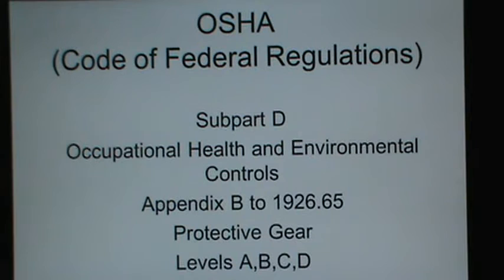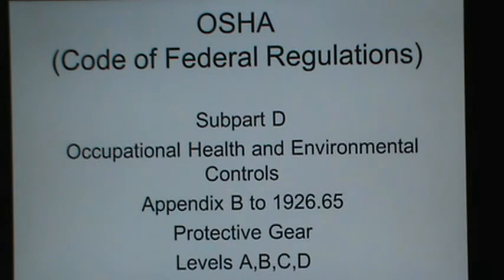It's Appendix B to 1926.65. It's in bold print, and that's the best way I can tell you to try to find it. Because if I give you a page number, you may be on a totally different book than I have. So take a look, and it is towards the back of subpart D, of course, because it's an appendix.